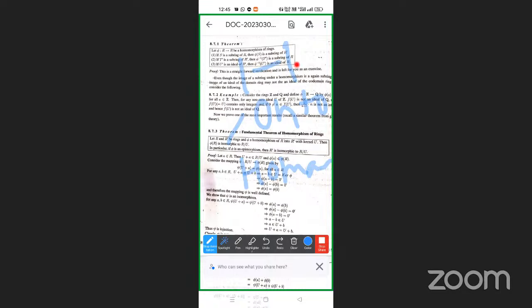So we have to verify three conditions: the one-one condition, the onto condition, and the homomorphism. This is the isomorphism.